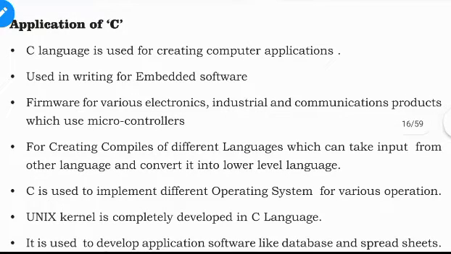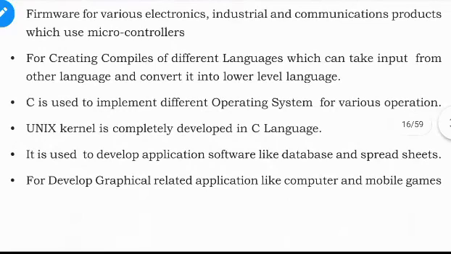C language is used for creating computer applications, and for writing embedded software and firmware for various electronics, industrial and communications products which use microcontrollers. It is used for creating compilers of different languages, which take input from another language and convert it into a lower level language.